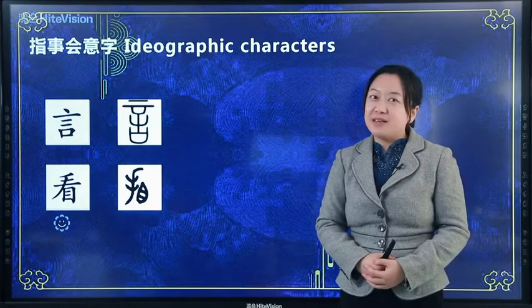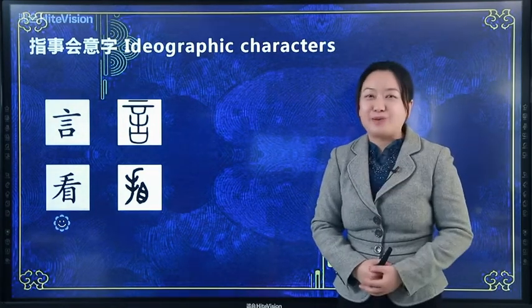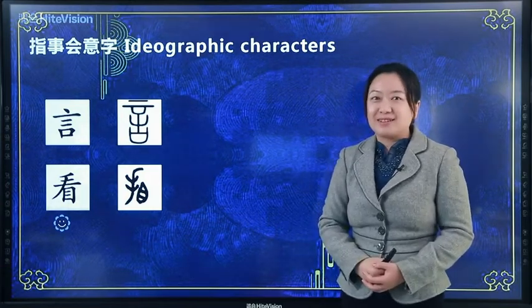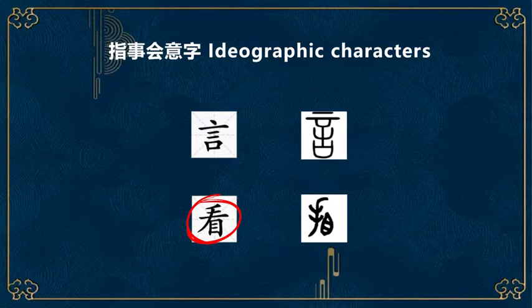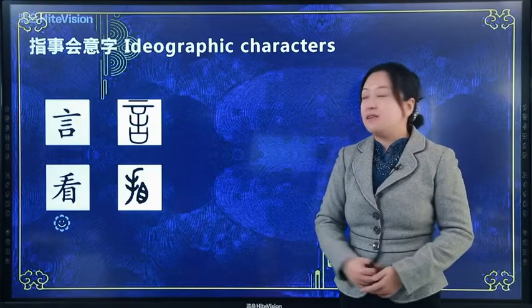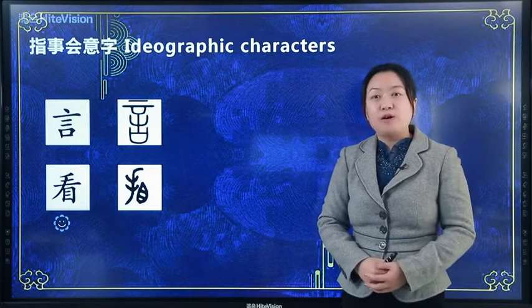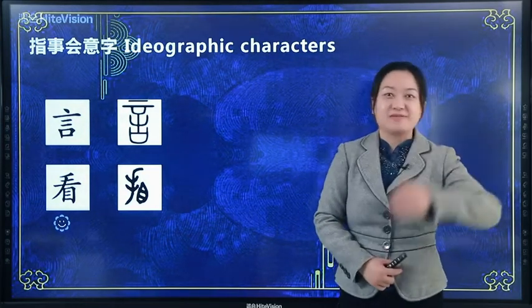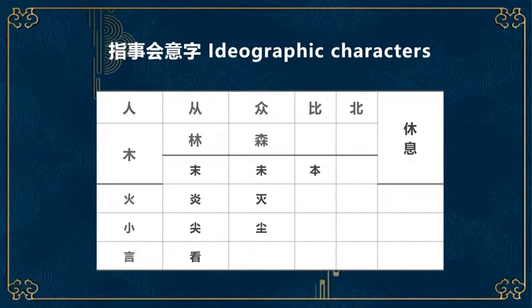So, it means the language coming from your mouth. So, 言 means language. And this one, 看, there is a hand above and an eye at the bottom, indicating overlooking like this.